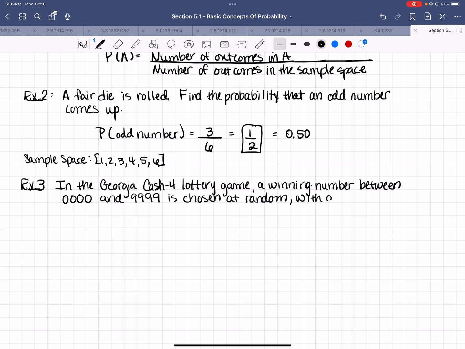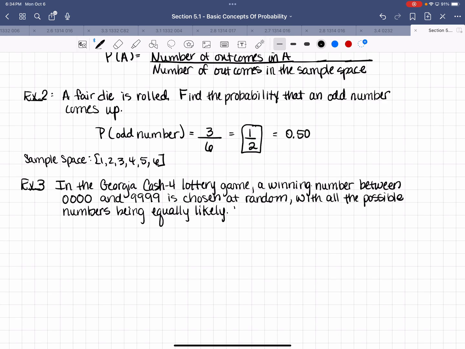With all the possible numbers being equally likely. Okay?